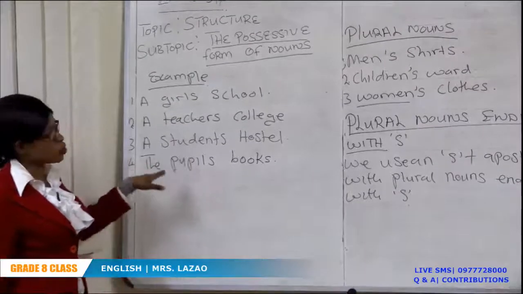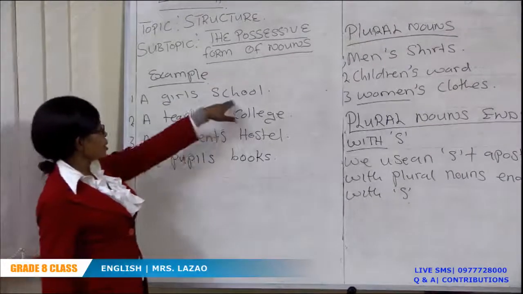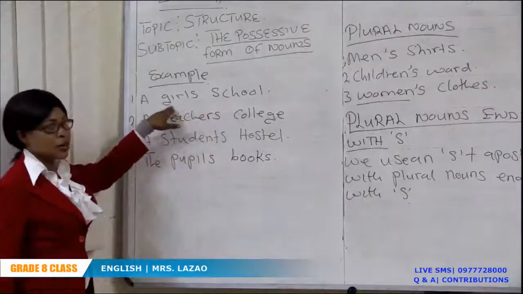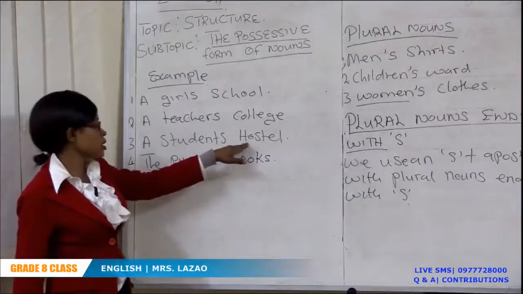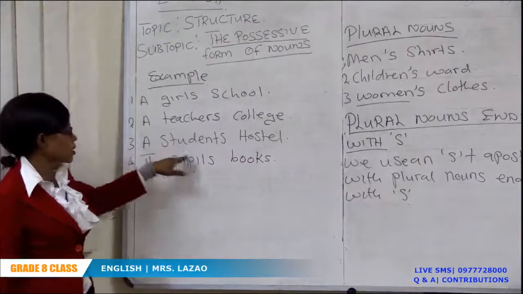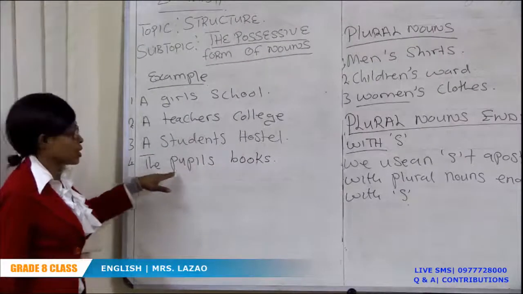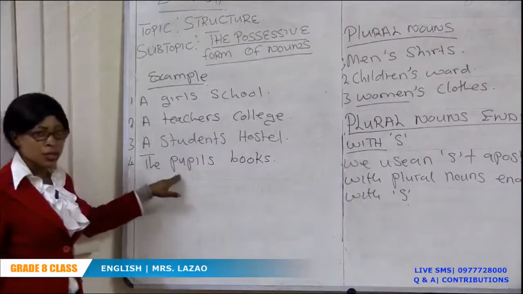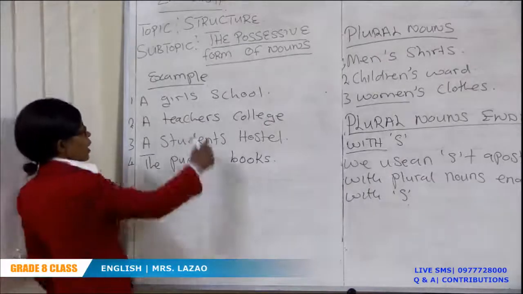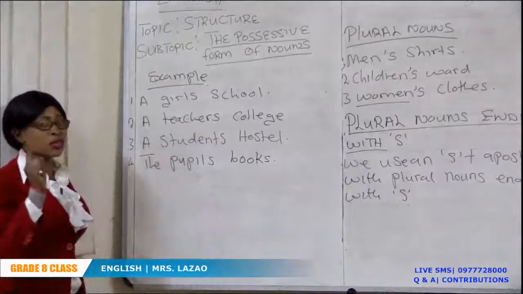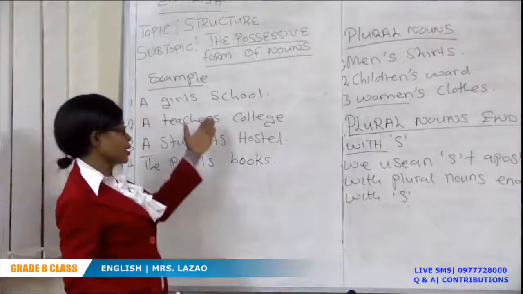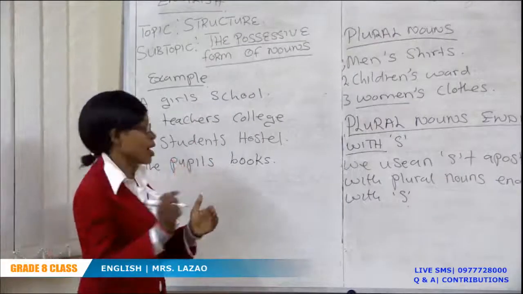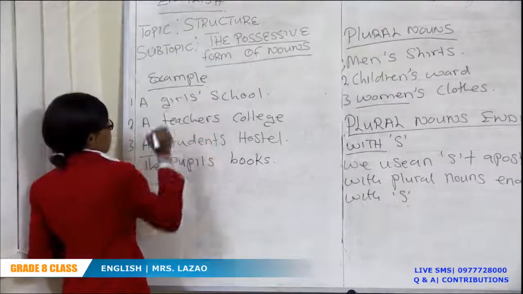But how do we show possession to say this school belongs to these girls? The college belongs to these teachers. The hostel belongs to these students. These books belong to these pupils. Since we already have an S at the end, there's no need for us to add apostrophe plus S. In this case, we just add an apostrophe.